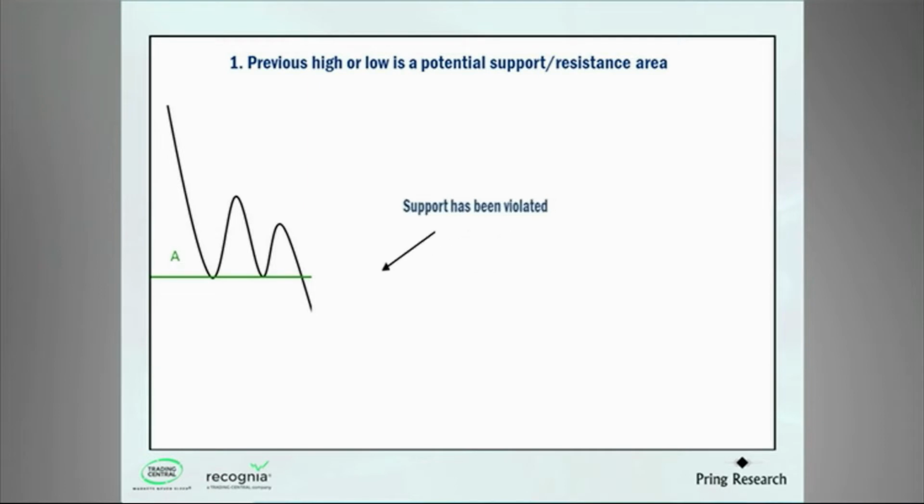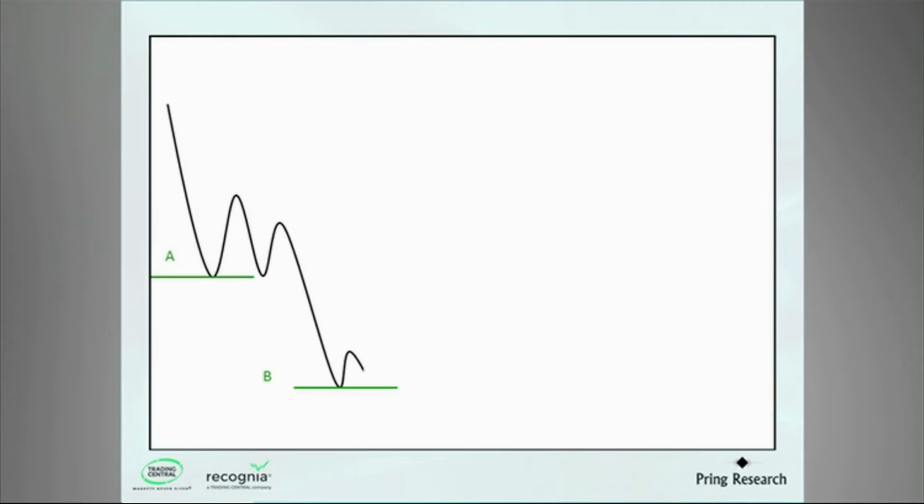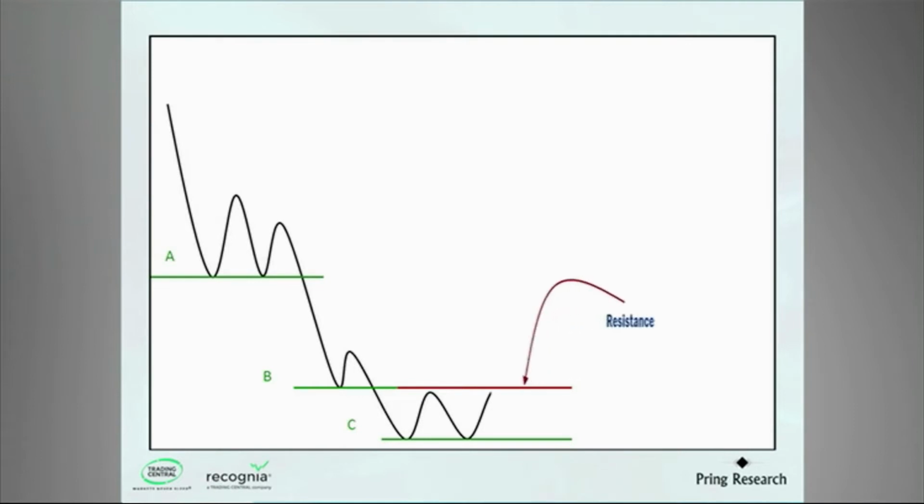As we progress, the price finds temporary support at B. As the price works its way lower, C also proves to be a support point. But note, the rallies are reversed at this brown line, which is an extension of the green support line at level B. That brown line now marks a resistance zone.